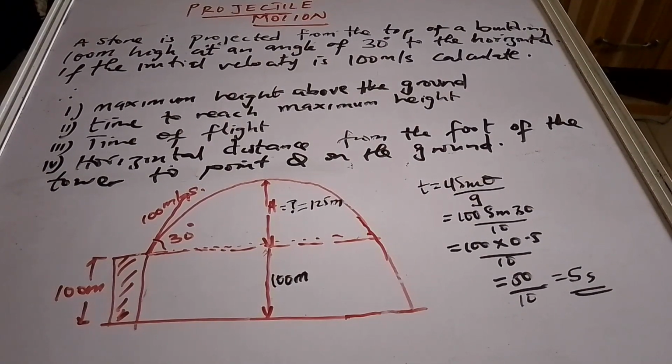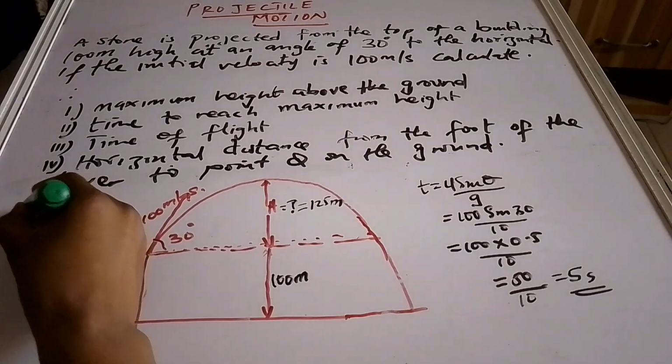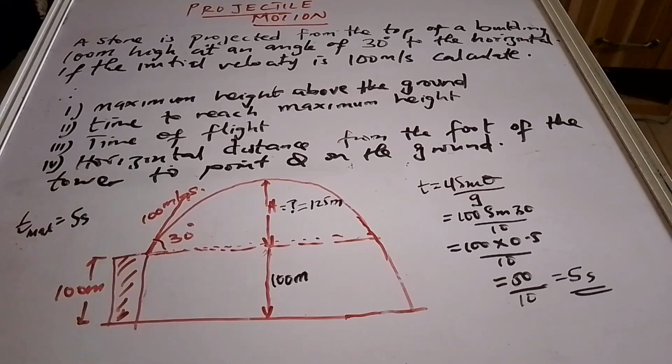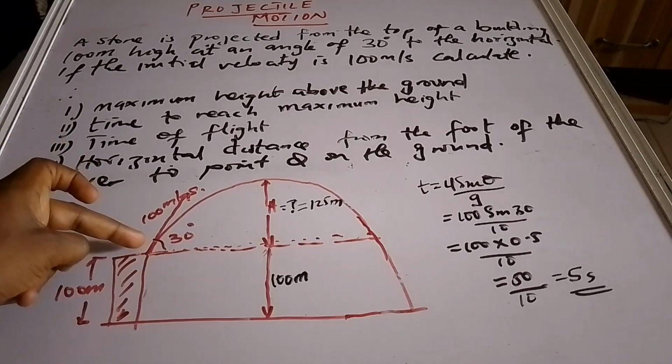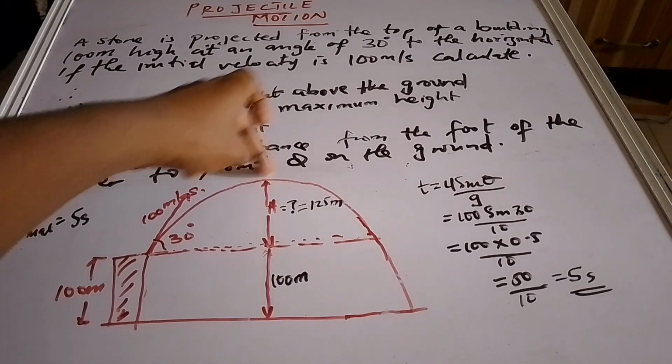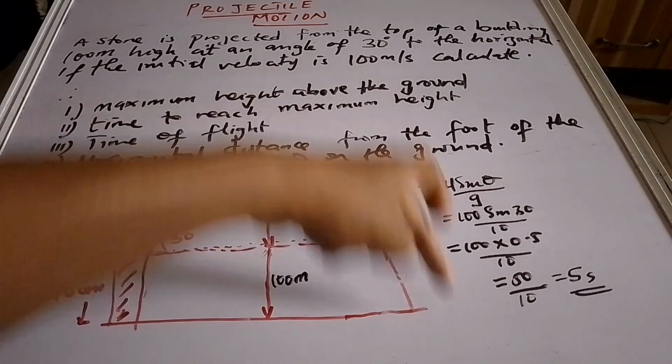Now let's look at the total time of flight. Let's note that somewhere here. Our T max is 5 seconds. Alright, now let's look at the total time of flight. If you take 5 seconds to get to this level, it will take 5 seconds to get to this level, not to the ground level.